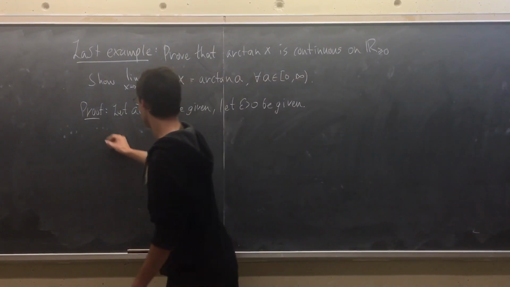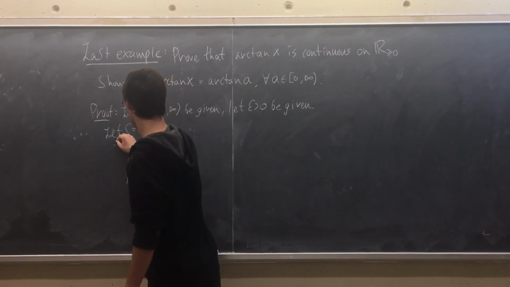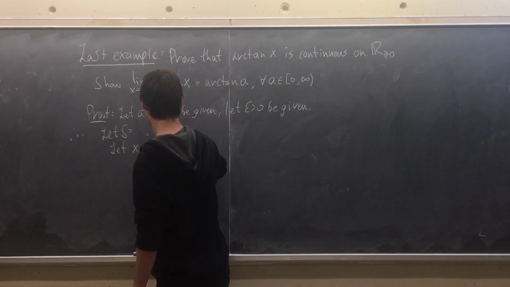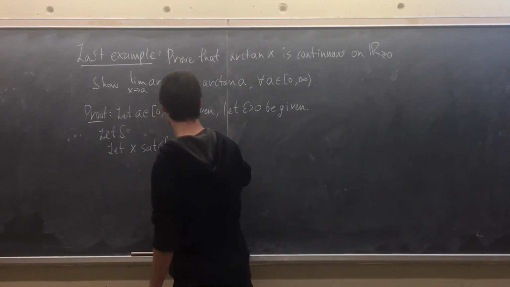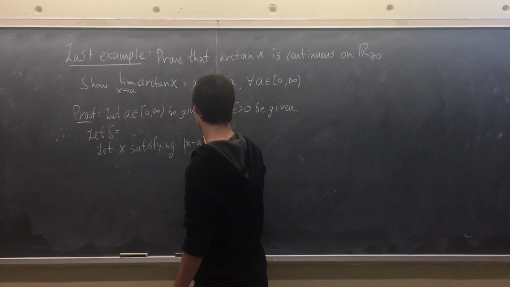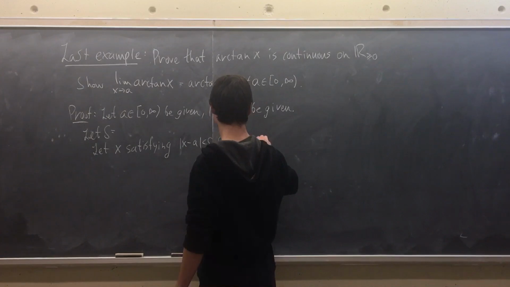As usual, we're going to let delta equal something, and we're going to let x satisfying, well, we don't need this actually, |x minus a| less than delta be given. Okay?